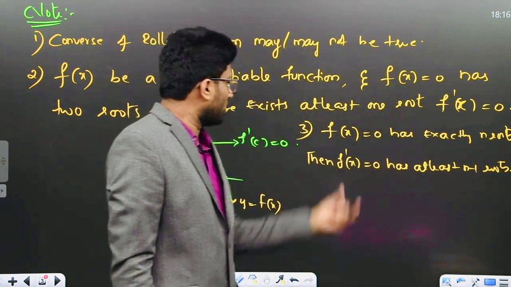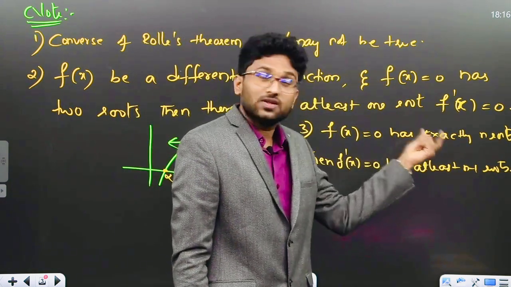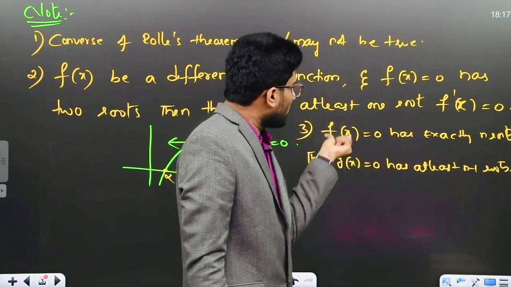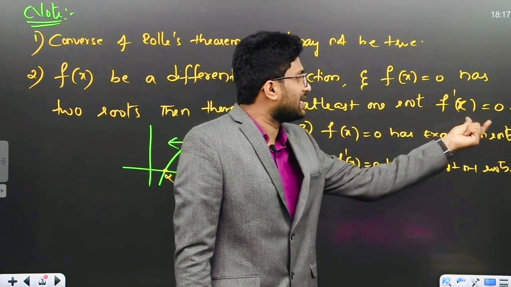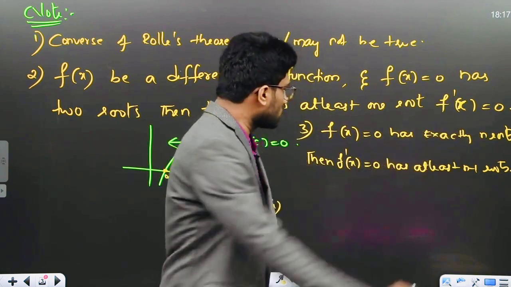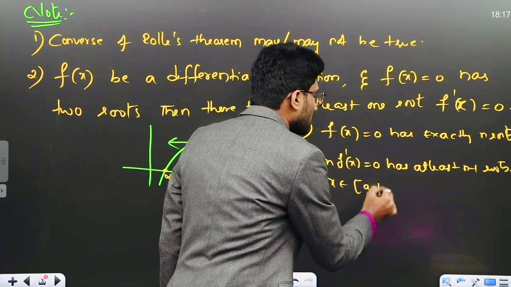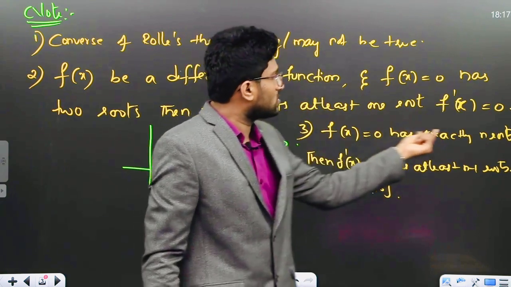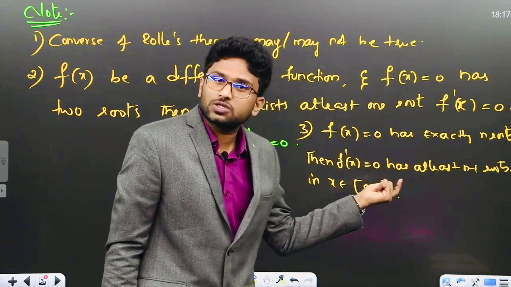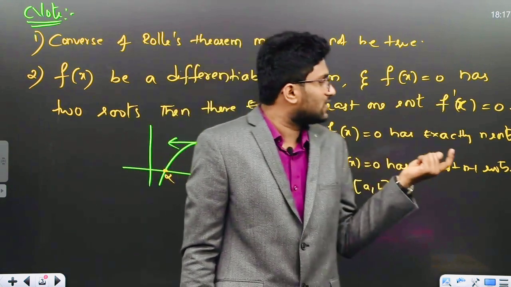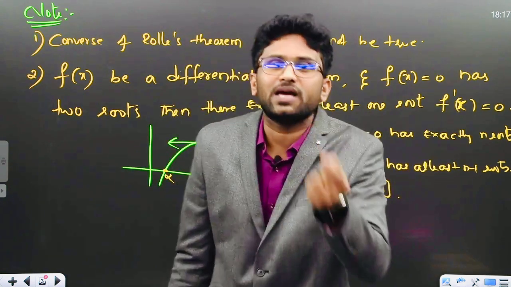Most important point. First thing, f of x has to be differentiable. If f of x equals 0 has exactly n roots for x belonging to closed [a, b], then f dash x equals 0 will have at least n minus 1 roots.